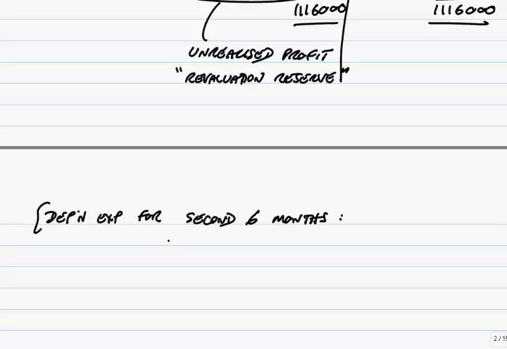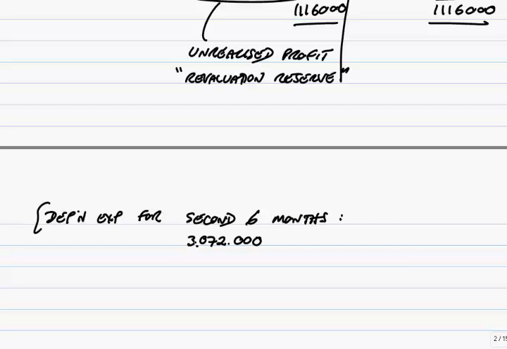Now, as I said, the revalued amount is 3.072 million. It says there's no change in the remaining estimated useful life of the building. Well, what is the remaining useful life?